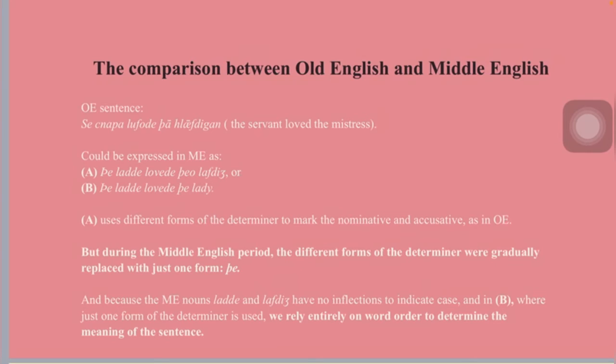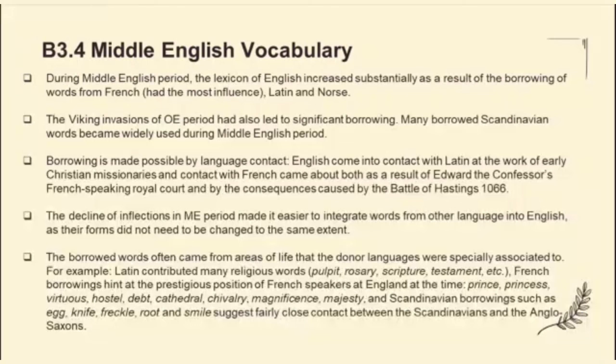But during the Middle English period, the different forms of the determiner were gradually replaced with just one form, as we can see in the example in B. And because the Middle English nouns have no inflection to indicate case, where just one form of the determiner is used, we rely entirely on word order to determine the meaning of the sentence, thus making Middle English an analytic language. And the last is Middle English vocabulary.